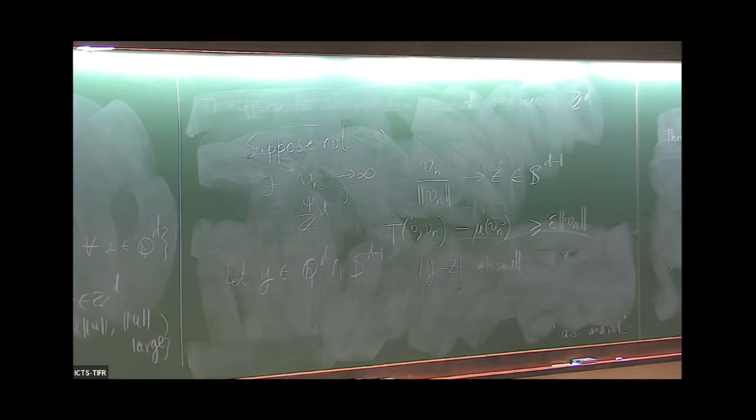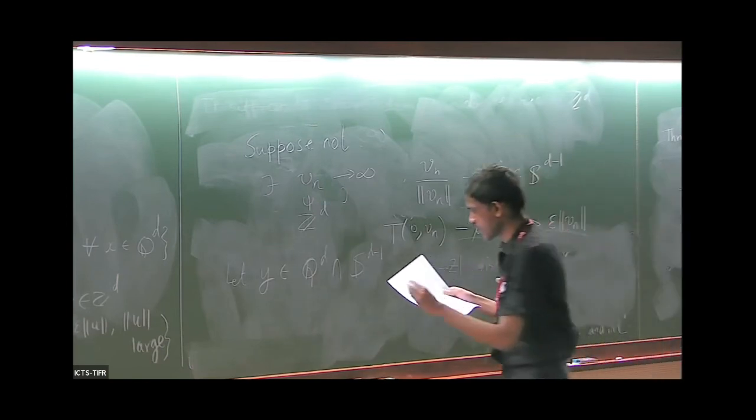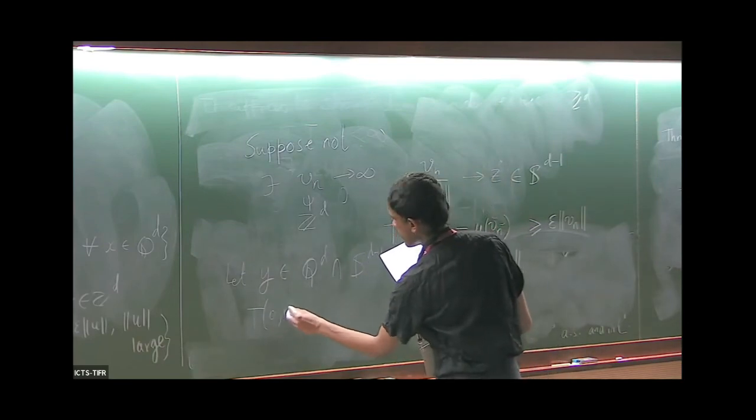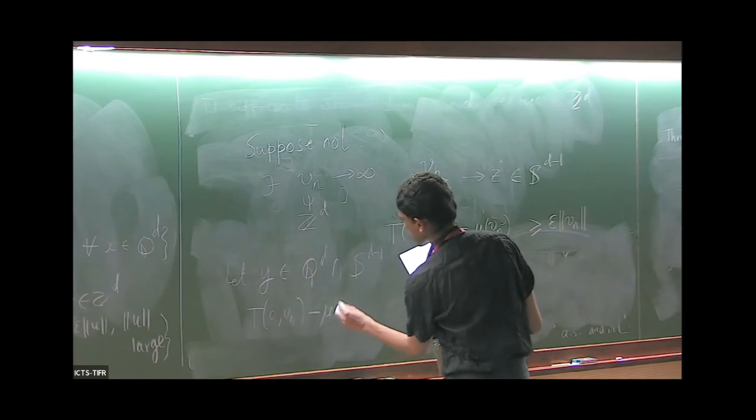I can take this as small as I like, depending on epsilon. So I have fixed epsilon to start with. Okay, so now let us do some triangle inequality. Let's write T0 Vn minus mu of Vn.